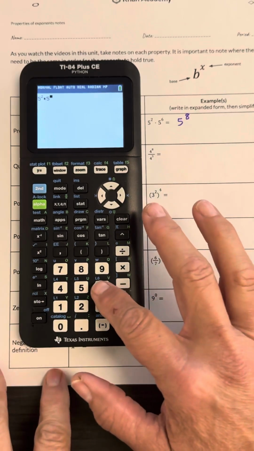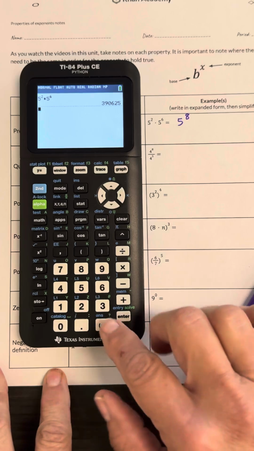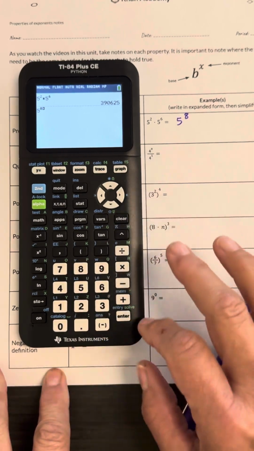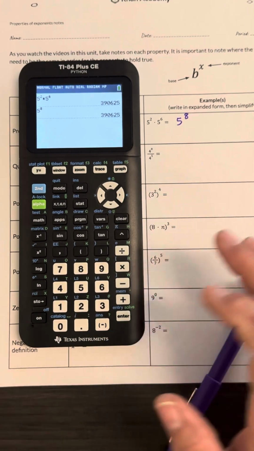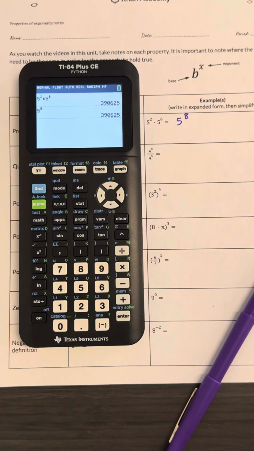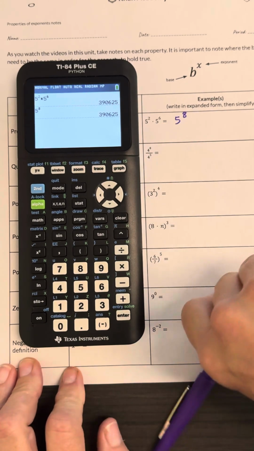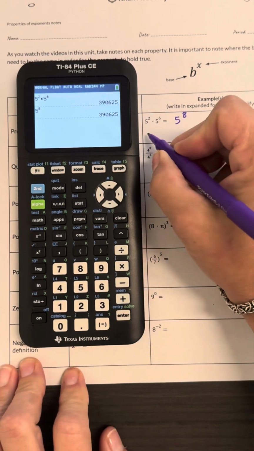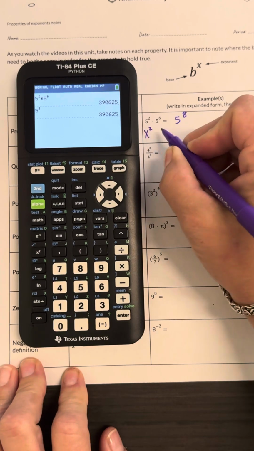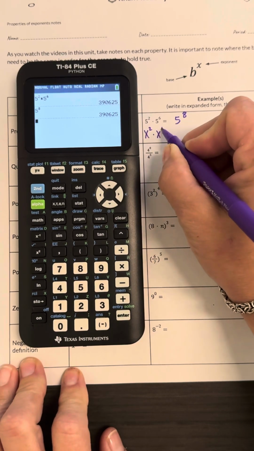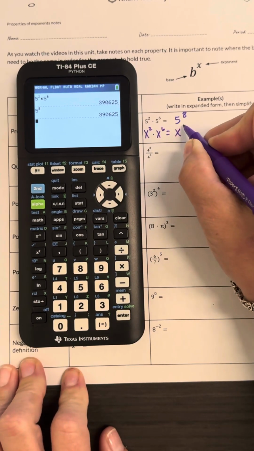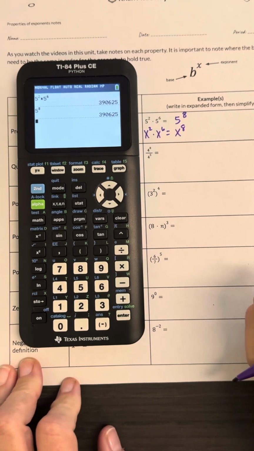Raise it to the 6th, and let's do 5 to the 8th, which equals the same number. So that proves if you multiply, what do you do with the exponents? Add them. Okay, and whatever the base is, the 5 is the base, stays the same. So that's the same as x squared times x to the 6th would also equal x to the 8th. Okay?